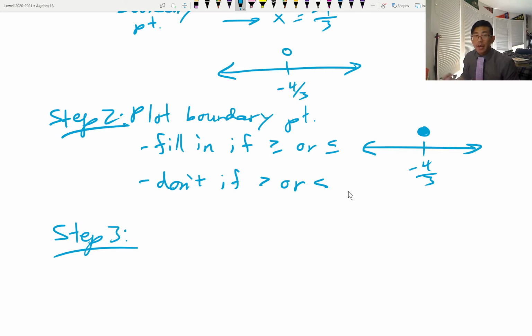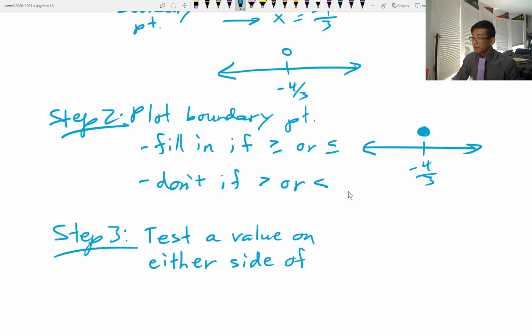So it actually doesn't matter which side you pick. Okay, so test or check a value on either side of the boundary point. It can't actually be the boundary point itself because it doesn't tell you anything.